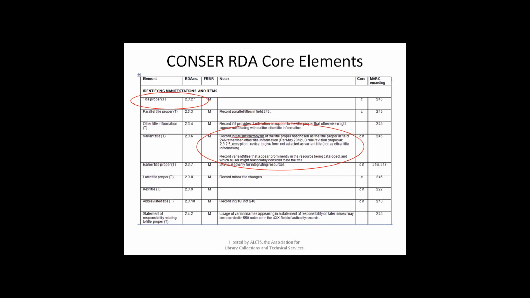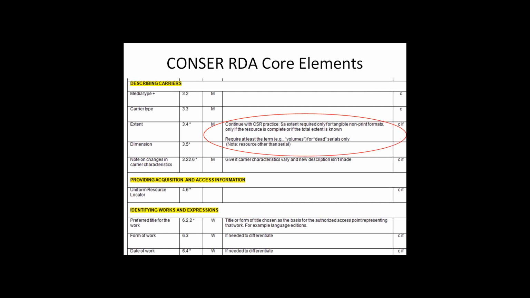That's just, instead of recorded both in a 245 and a 246, the initialism is just recorded in the 246 field. Similarly, with parallel titles, if a parallel title proper is recorded, it's just recorded in the 246 field, and that's just kind of a carryover from our CONSER standard record practice.